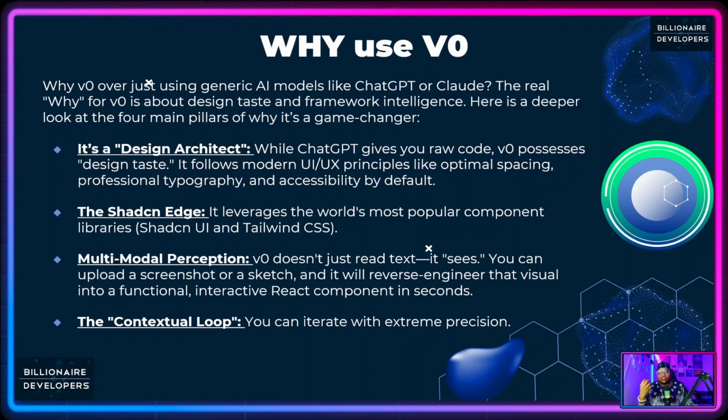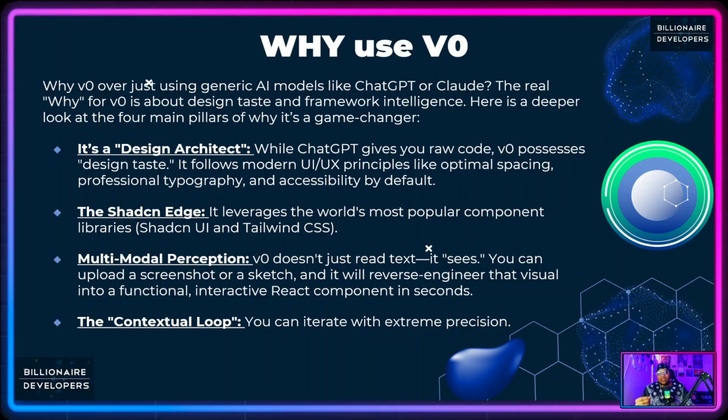These are certain things you actually learn as a front-end engineer. The Shadcn edge: Shadcn is a modern framework that a lot of front-end developers use for styling and making their websites look professional, very minimalistic, very realistic, and so forth. And we also use Tailwind CSS, which is just another plugin from CSS.